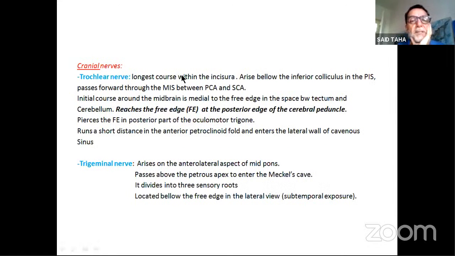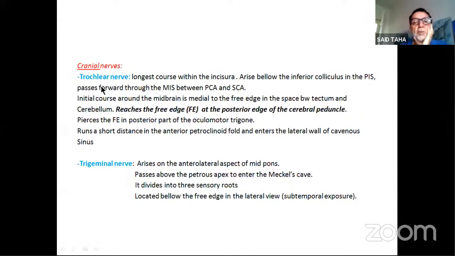The fourth cranial nerve has the longest course in the brain and within this incisural space. It arises below the inferior colliculus in the posterior incisural space, but can arise just lateral to the inferior colliculus.